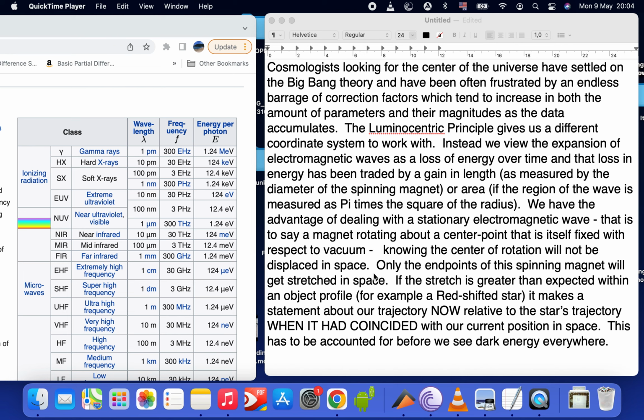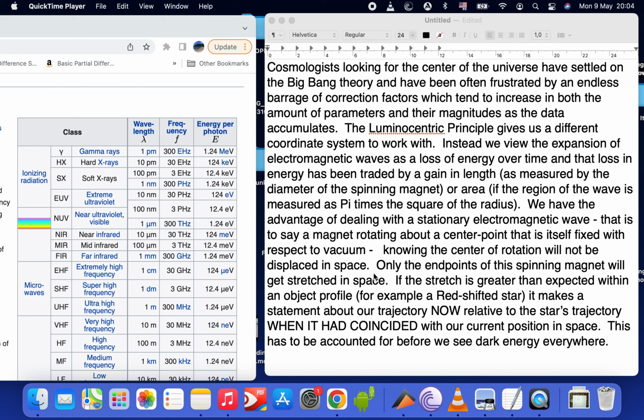And I'm not saying with respect to the star, because the star didn't emit the photons out into space. No, the star went flying out into space and it left behind the stationary photons as a trajectory that it made. And our star is doing the same thing, but with a different trajectory.